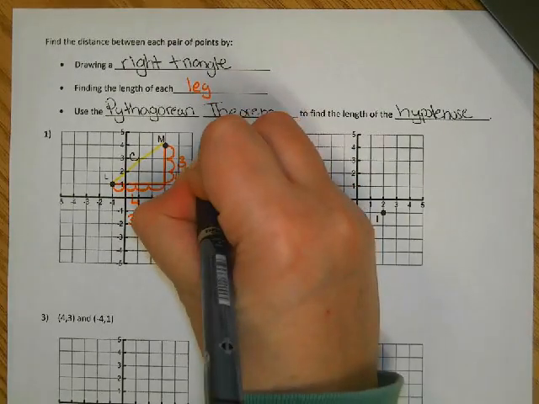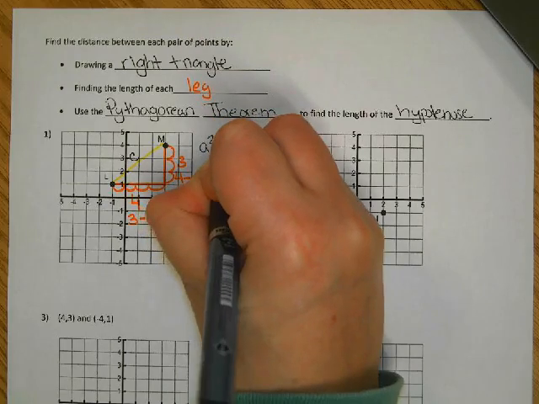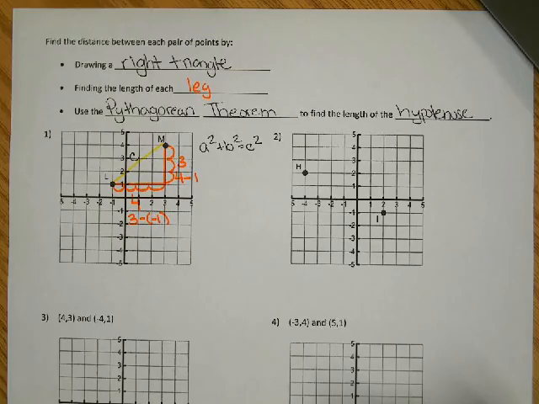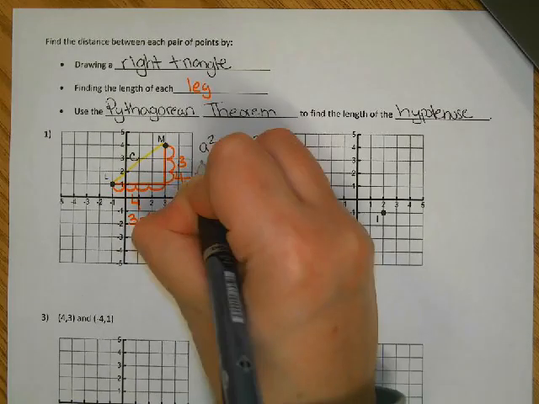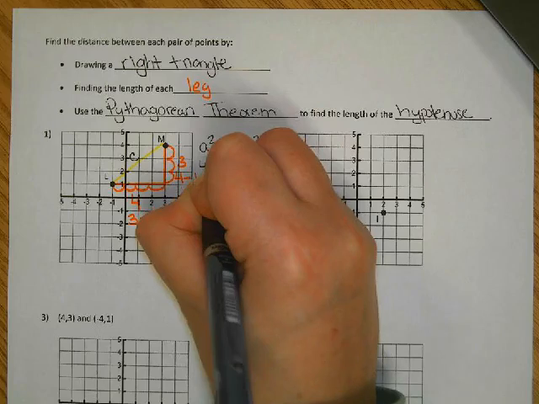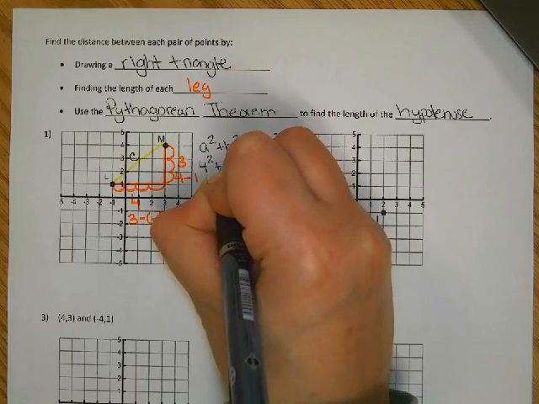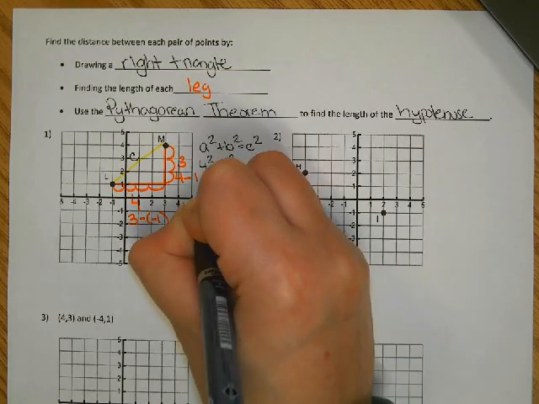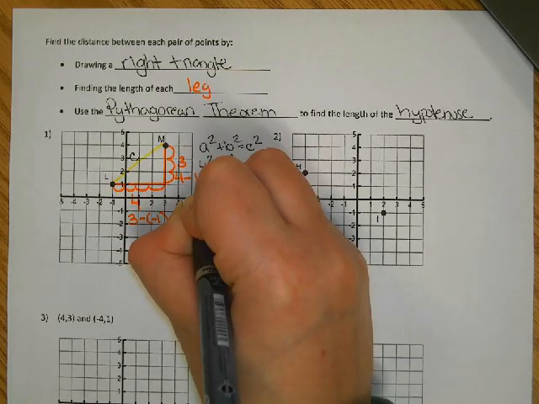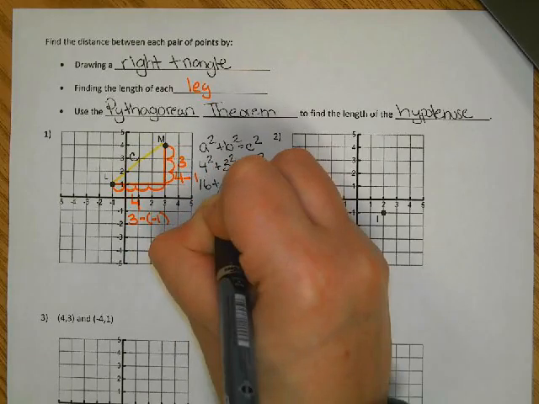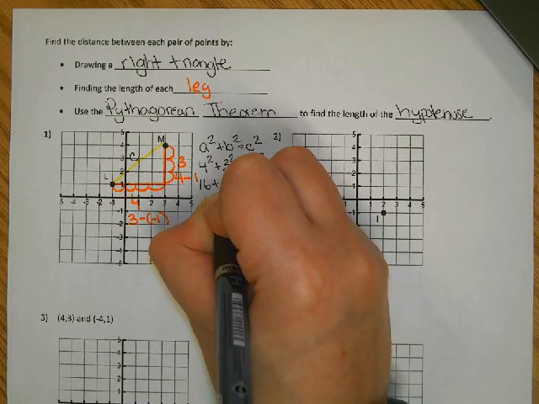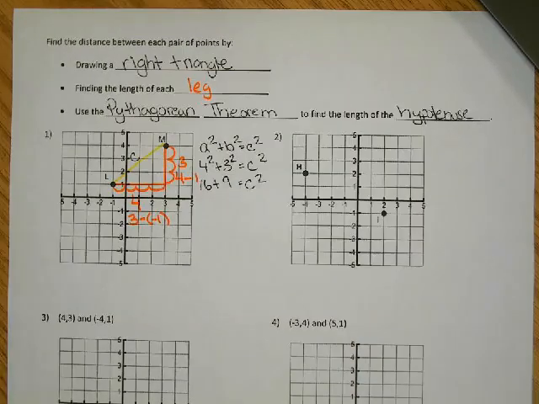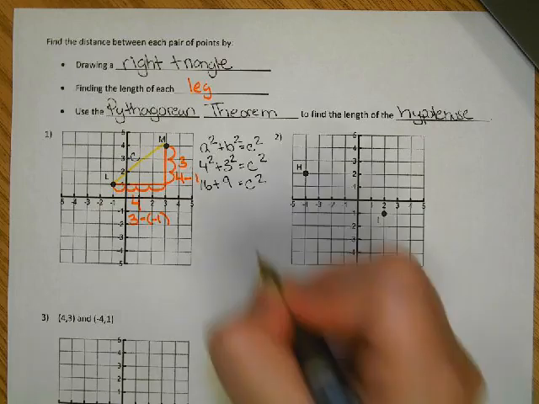A squared plus B squared equals C squared. So what is A? Doesn't matter which one? No. And what is B? It's going to be the other one. What is 4 squared? 16. And 3 squared? 9. And what is 16 plus 9? 25.